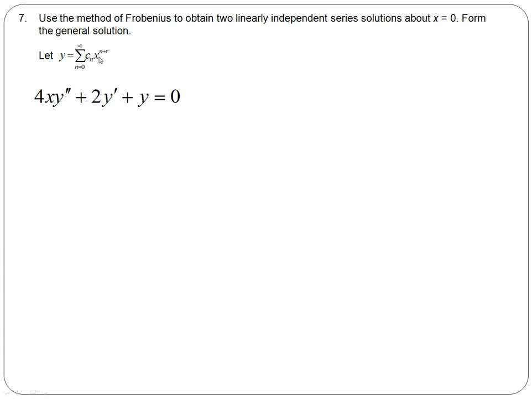Here, notice that the difference is that we have x to the n plus r instead of x to the n. So this will have a polynomial function multiplied by some other power of x, which may or may not be a polynomial.